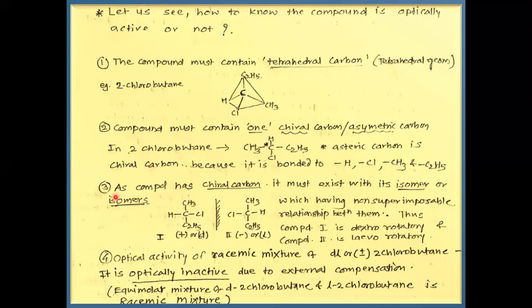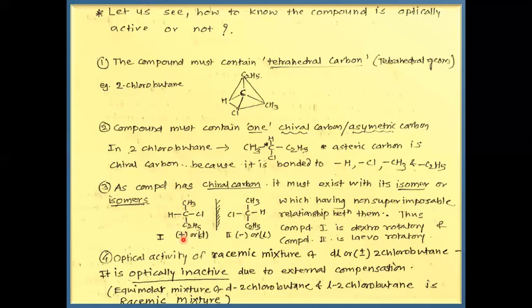Third point, as the compound has a chiral carbon, it must exist with its isomer having a non-superimposable relationship with it. Thus, compound first is dextrorotatory and compound 2 is levorotatory. So here, this is the first structure and this is the second structure of 2-chlorobutane.